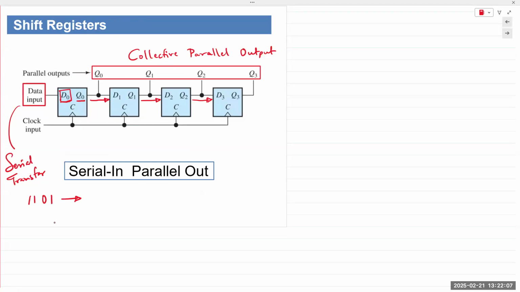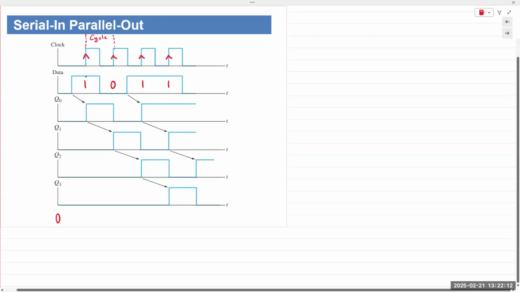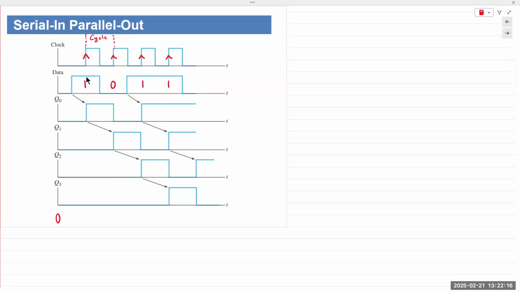You're sending in 1011 again. The data that you wish to send is here, 1011. If 1011 is going in, you first send 1, then you send 0, then you send 1, and then you send the last one. You're sending it serially.